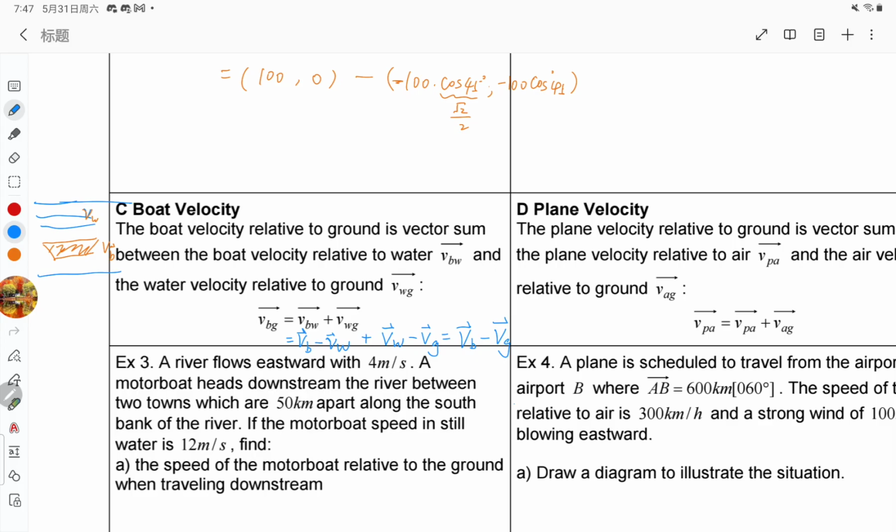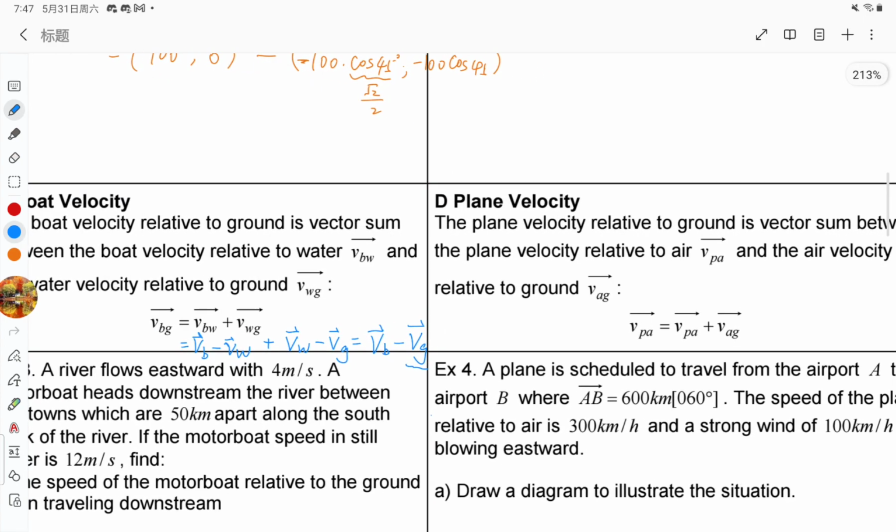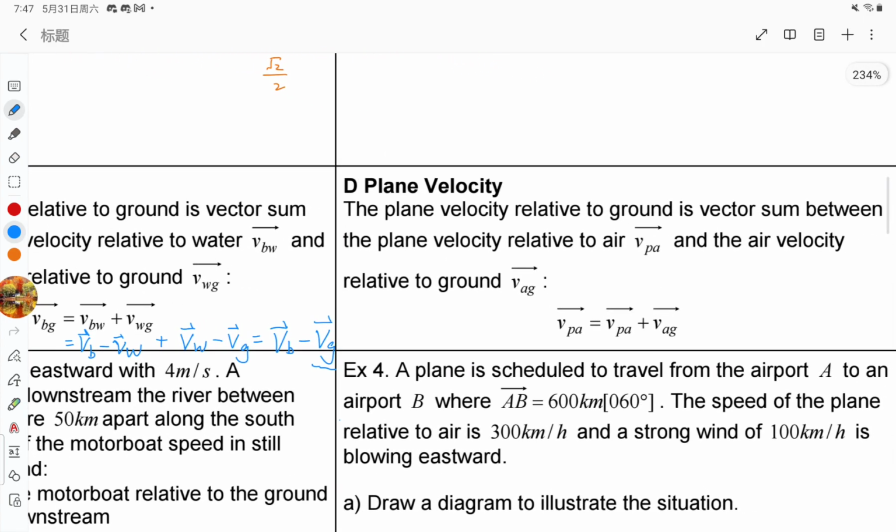Which is consistent with our top definition, v boat minus v ground, and of course, the v ground should usually be 0, but let me not say 0 for now. Who knows, if it says the earth is moving at some velocity, we don't know.